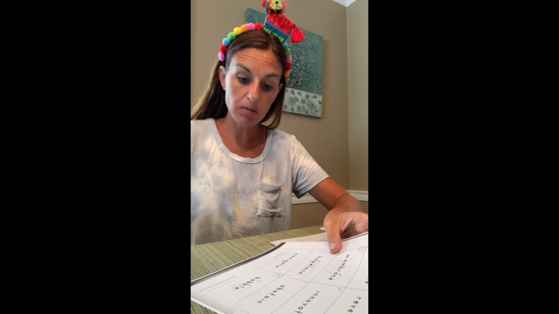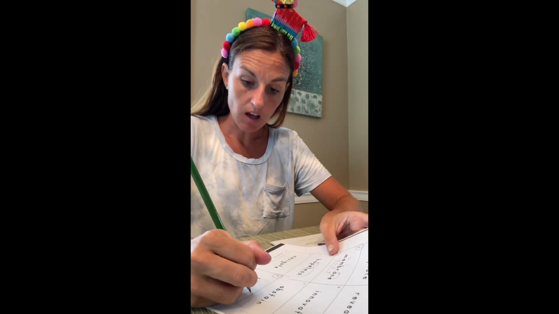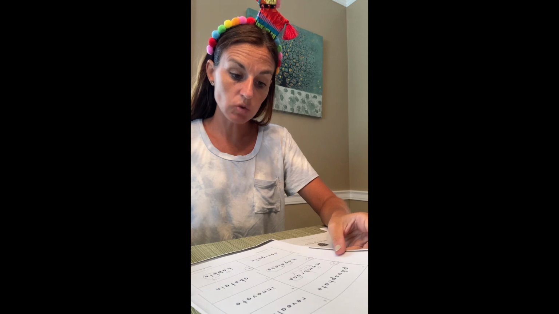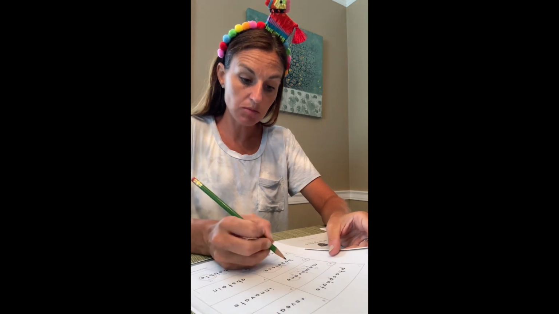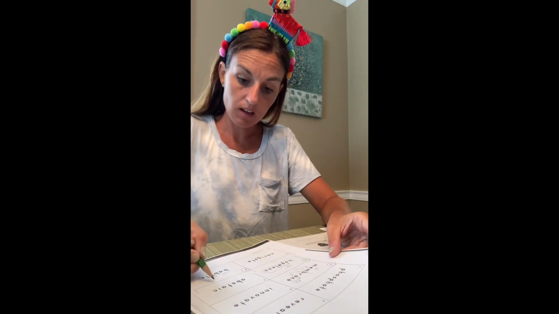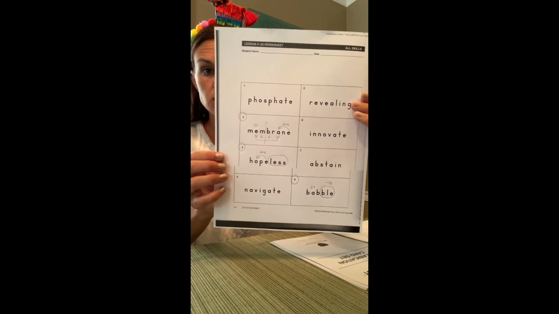Also, maybe I want to list that this is an LE ending, like that. So I drew arrows to show my magic E, but I could also put ME for magic E. Okay. So that is my syllabication.